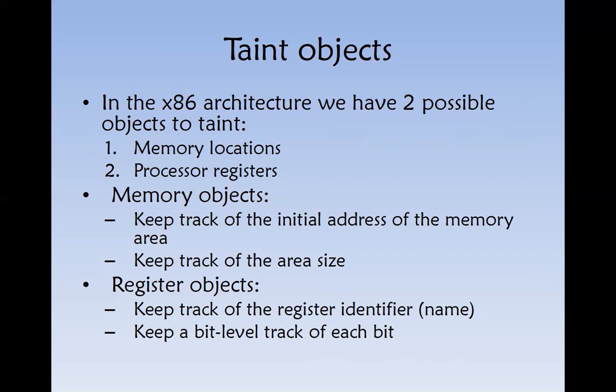programming level variables. But for this lecture, because we are dealing with the x86 architecture, we are going to look at taint objects at a much lower level of granularity. In particular, our taint objects, when we are looking at x86, are going to be memory locations and processor registers.